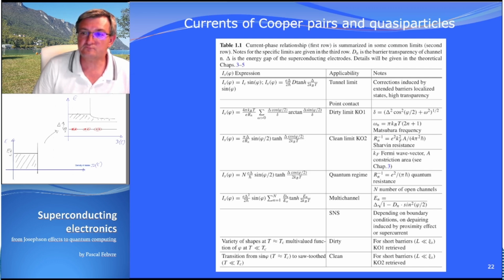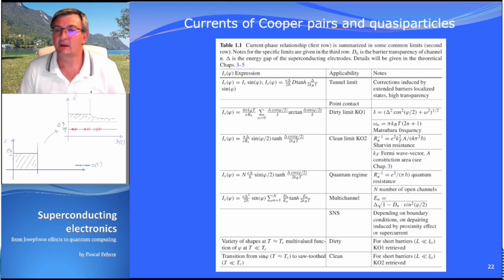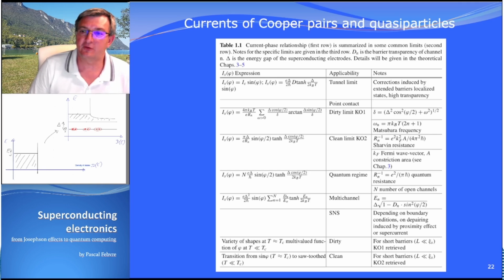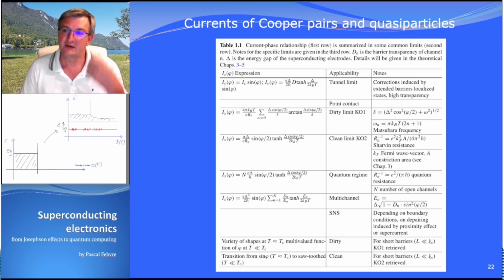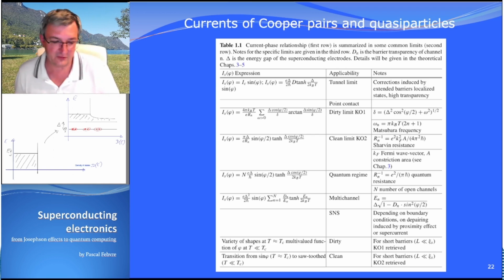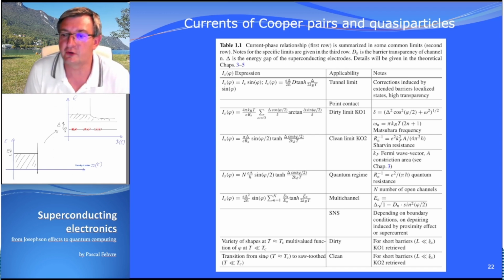And so you have other models which describe this formula in more detail, but let's say that the simplest model is this one, and you can also have other ones with transparency of the barrier taken into account, and there are all kinds of other models with different equations, depending on whether you are in the clean limit for the superconductor, if you are in the quantum regime, if you have several tunneling channels, you can have short circuits or point contacts through the barrier.